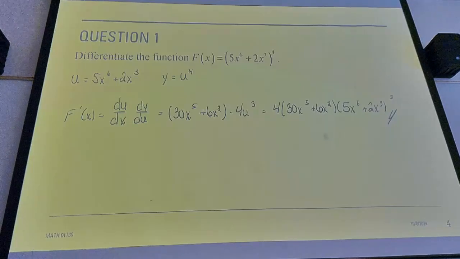It actually can be simplified further, can it? If we so choose. Can also factor out 6. And so either one.